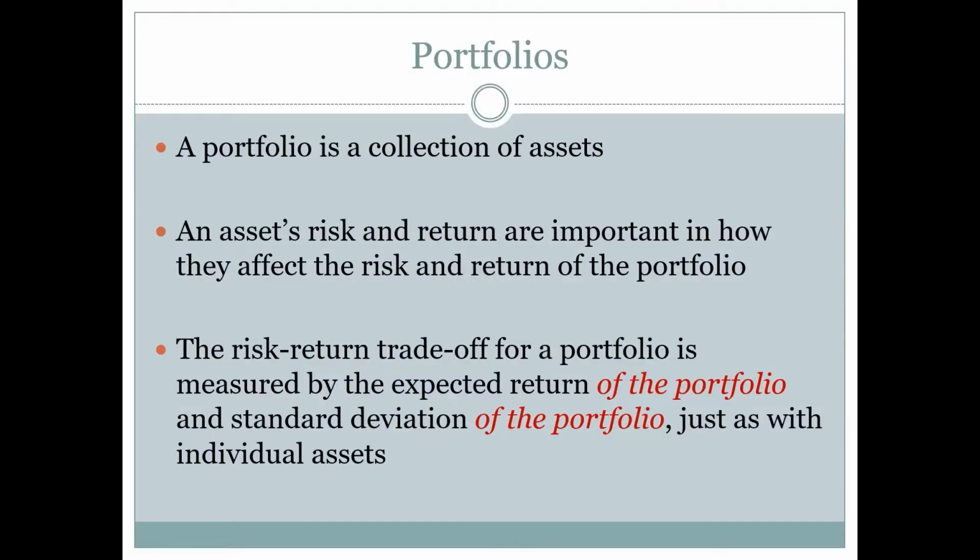So a portfolio's risk and return are dependent entirely on the assets that are inside of the portfolio and those assets' risk and return. And this is important because the reason we form a portfolio is to try to find a collection of assets that will help us reduce our risk without reducing our return very much. Right? And we can do this by intelligently forming a portfolio. Right?